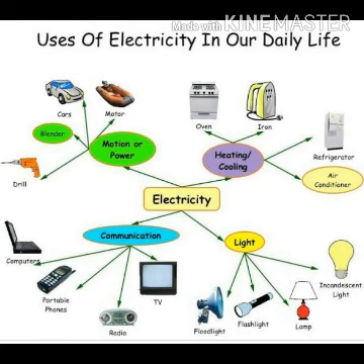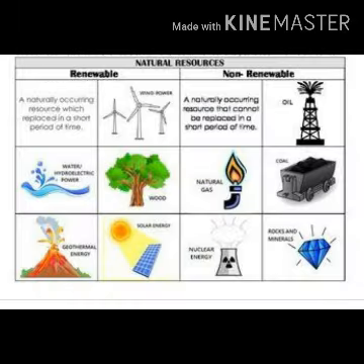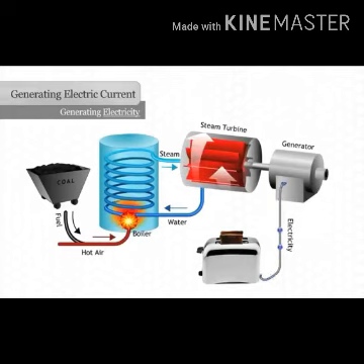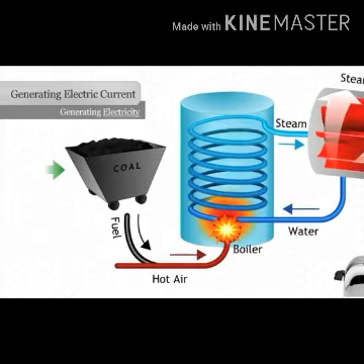We get electricity by changing other forms of energy. For example, we can burn coal or some other fuels, which changes chemical energy into thermal or heat energy. The heat energy will cause water to heat and move in a tank.